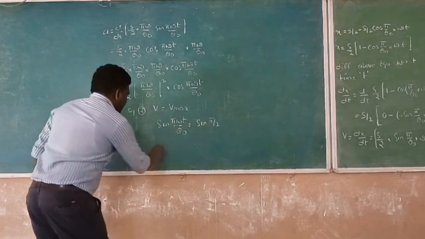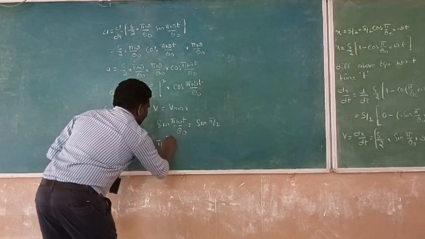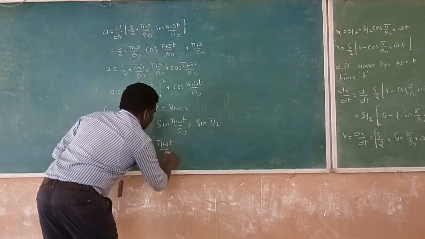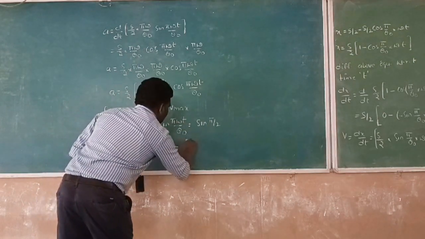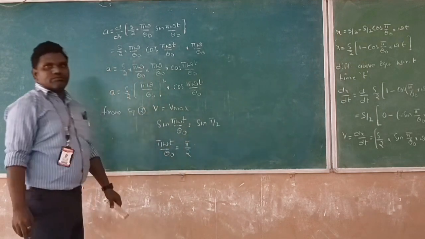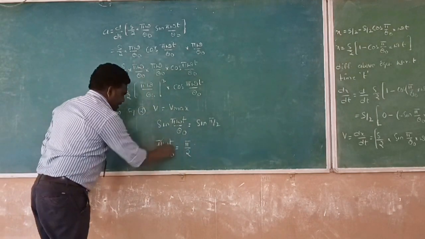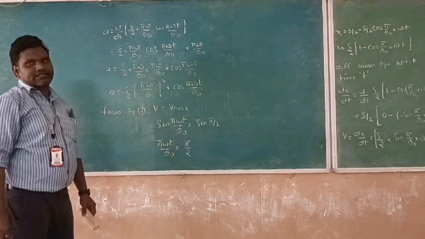So that is πωt/θ₀ is equal to π/2. From this, π gets cancelled.